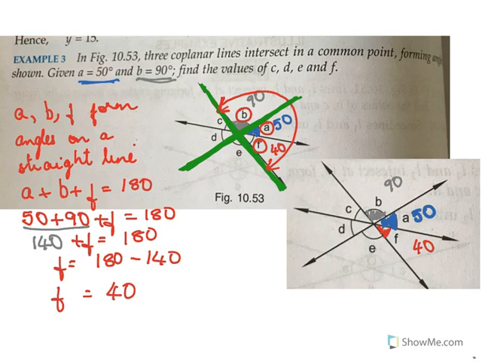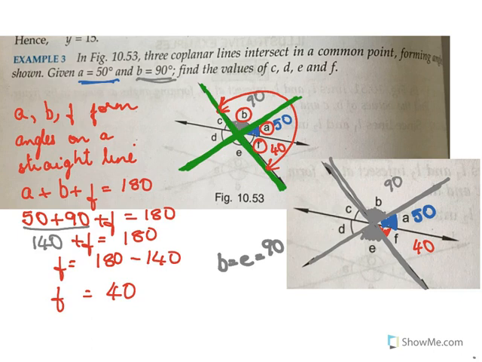Now who will be vertically opposite to B? To find who's vertically opposite to B, we've got to first draw the line here, this line. So who's vertically opposite to B? Vertically opposite will be E. So B equal to E equal to 90.